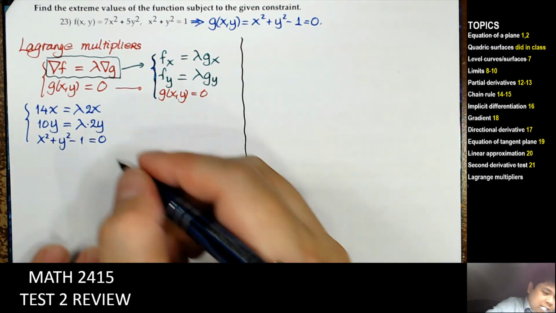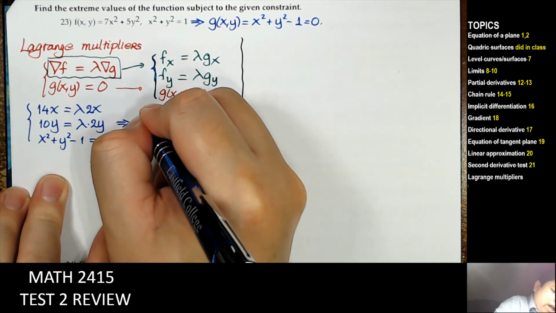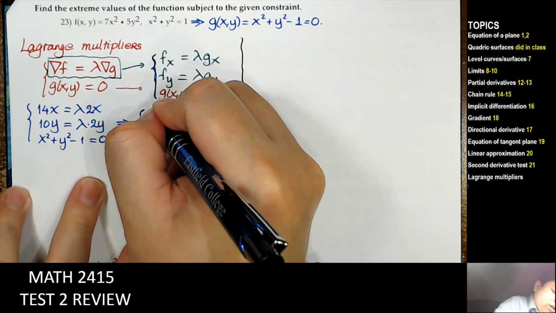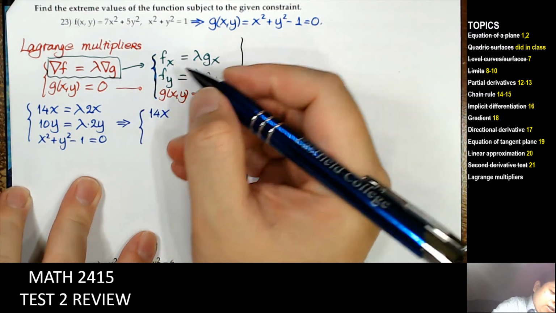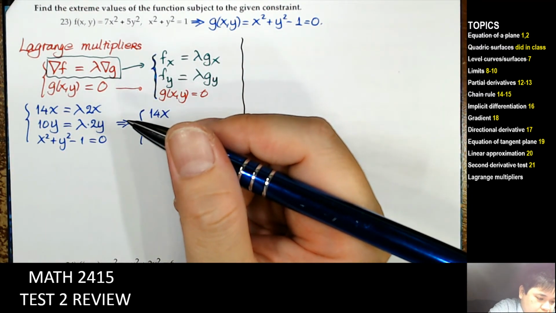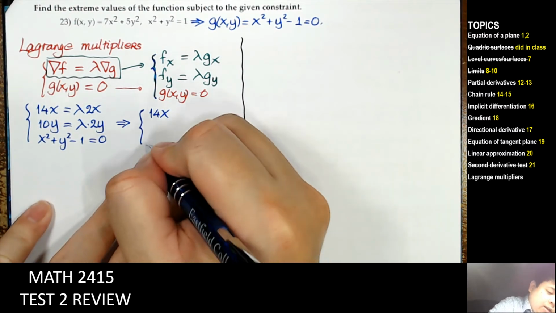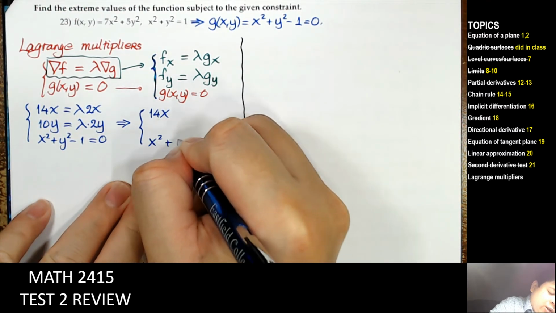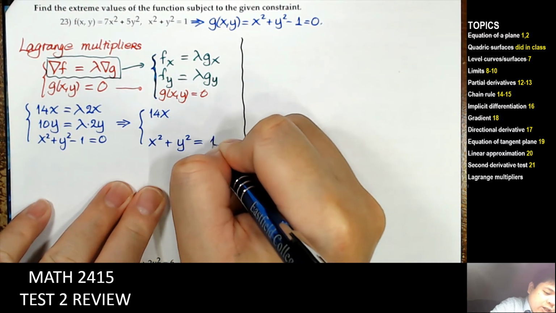Once again, we do not have linear equations. The bottom equation we can write as x squared plus y squared equal to 1.